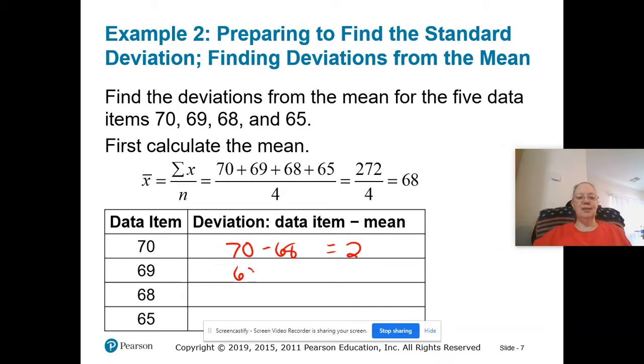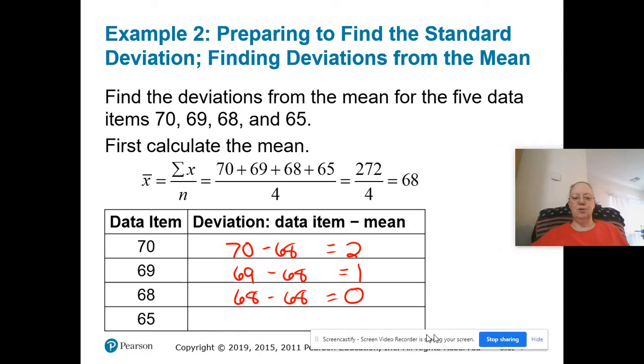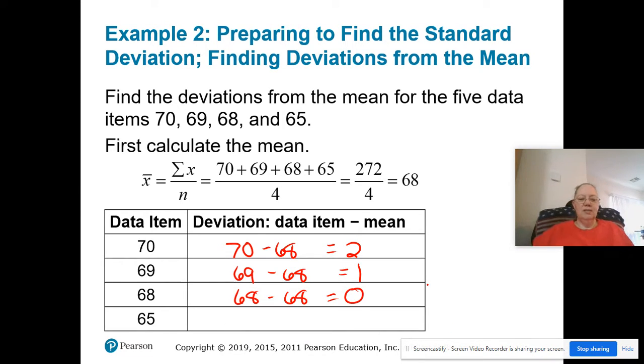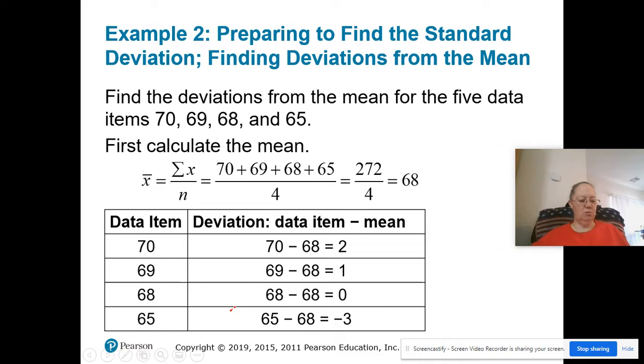We're going to take 69 and subtract 68 and get a deviation of 1. We're going to take 68 and get 0. And we're going to do 65. Oops. Well, okay, here we go. 65 subtract 68 gives us a -3.